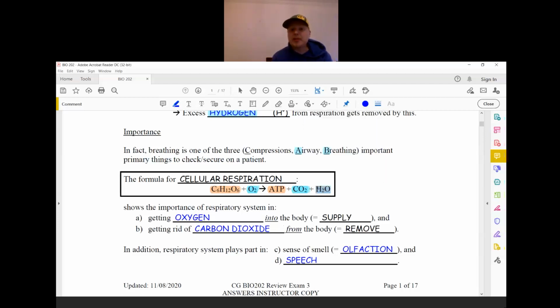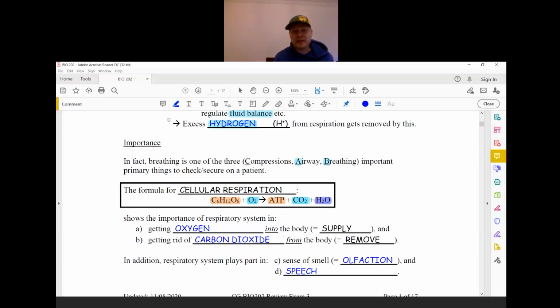Some of the carbon dioxide and water we can get rid of through the respiratory system. For some of those hydrogen ions, as I said earlier on, we will also have to recruit the urinary system. But what we see here is that clearly this oxygen and carbon dioxide transportation becomes very important for us.